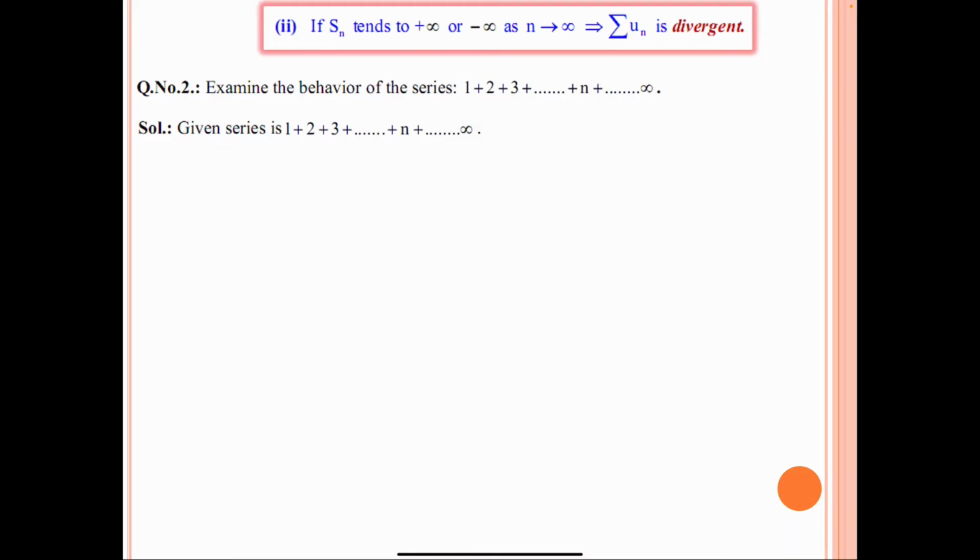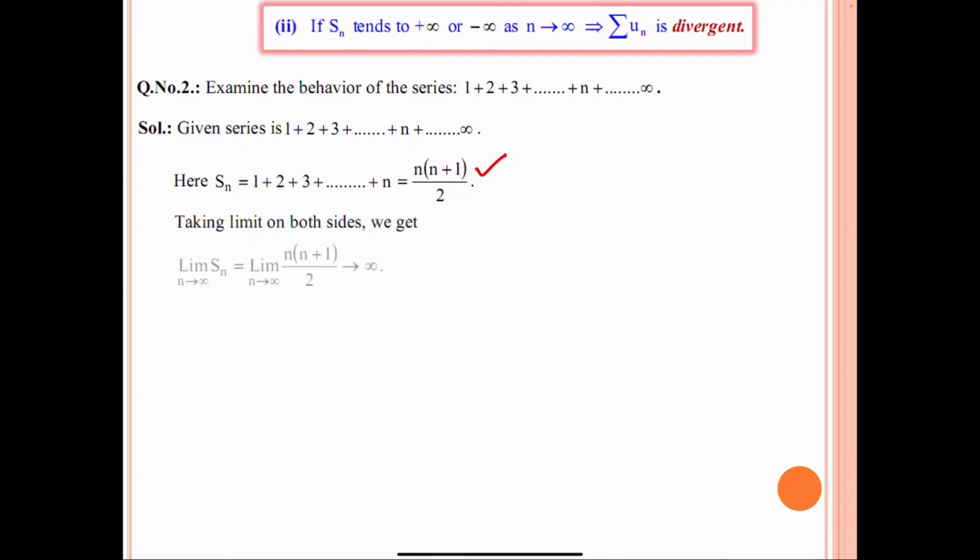And you know, sum of first n terms is n into n plus 1 over 2. Clear? Now taking limit on both sides, we get infinite value, infinity. And you know, if Sn tends to plus infinity as n tends to infinity, then the given series is divergent.